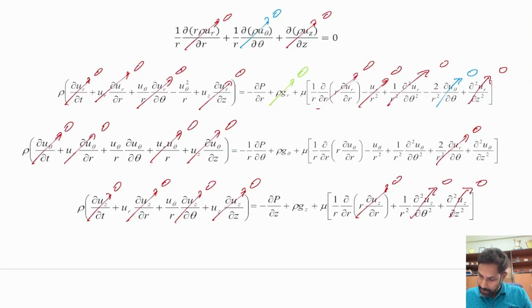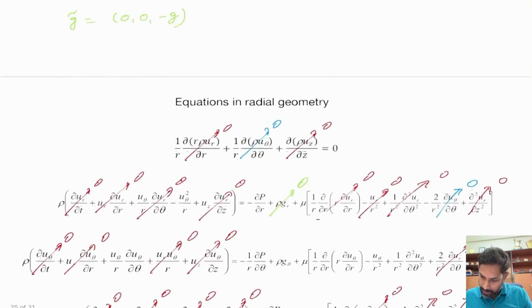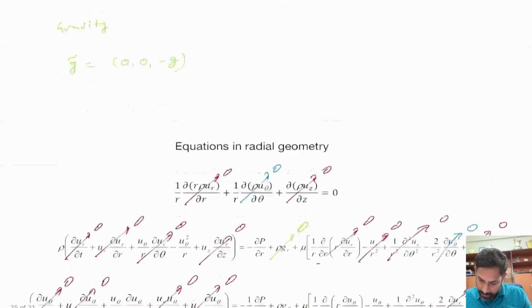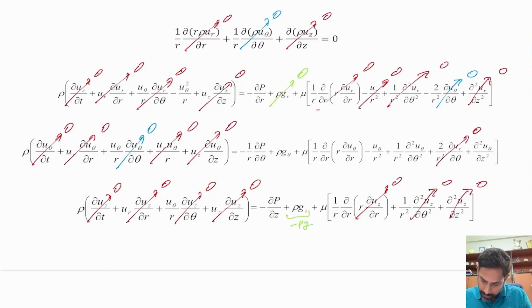Okay, so in this case we have this one equal to minus rho g, and in this case du theta has to be 0, and this also must be equal to 0.